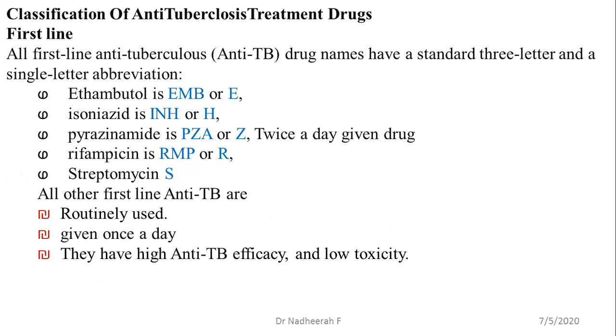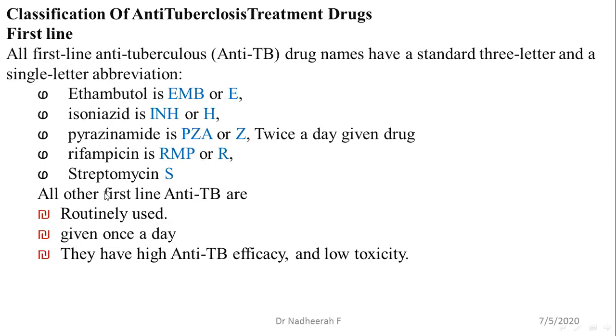First line treatment: all first line anti-TB drug names have a standard three and single letter abbreviation, such as ethambutol EMB or E, and they include isoniazid INH, pyrazinamide PZA or Z, rifampicin RIF or R, and streptomycin S.